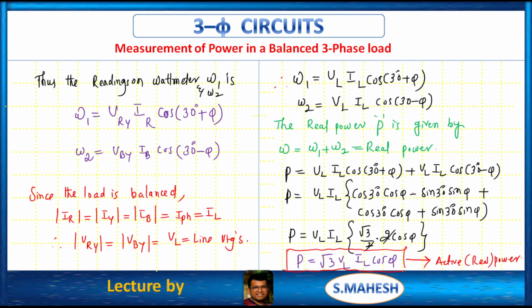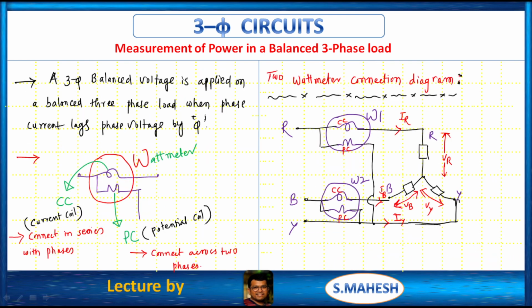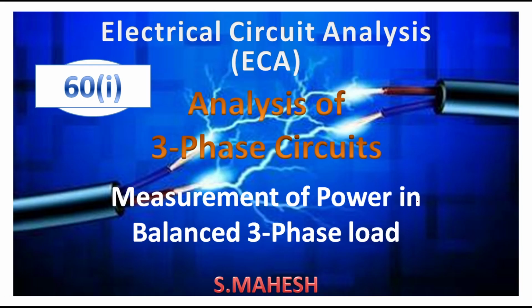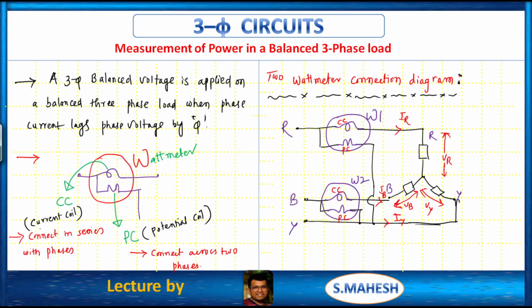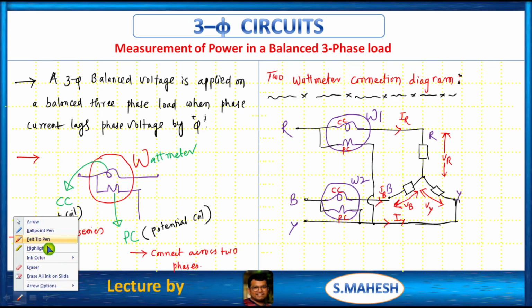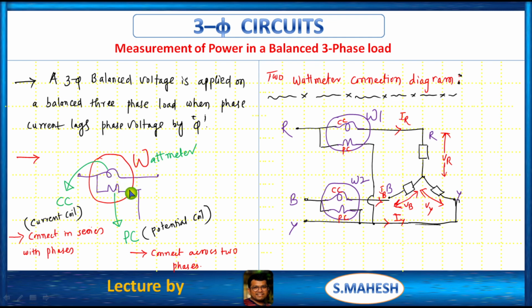So what is the analysis here? We have discussed the measurement of power in a three-phase load, where we provide the wattmeter in any two of the three phases, each consisting of a current coil as well as a pressure coil, that is the potential coil, the voltage coil.